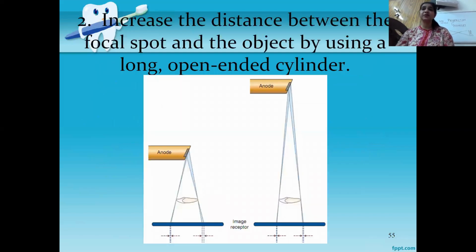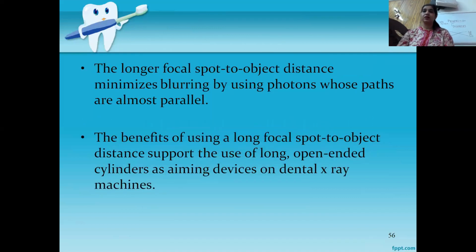Second, increase the distance between the focal spot and object by using a long open cylinder. So now we have to increase the distance between the focal spot and the object by using long open-ended cylinders. The long focal spot to object distance minimizes the blurring by using photons whose paths are almost parallel.